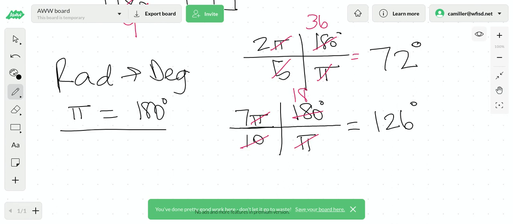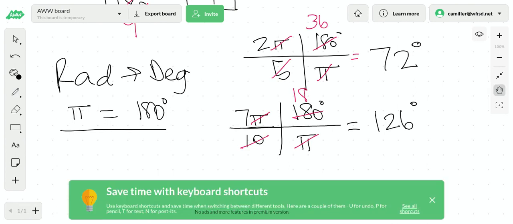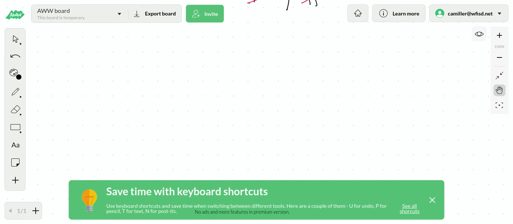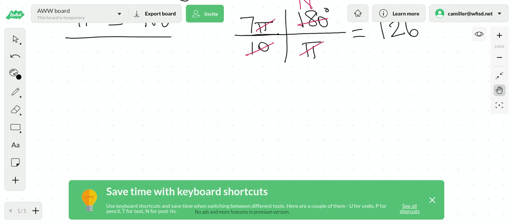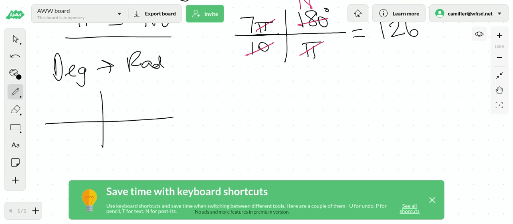So whenever you are converting from degrees to radians or radians to degrees, you're always going to set up a T-chart. When I'm going from degrees to radians, I'm always going to have my 180 degrees on the bottom, pi on the top.